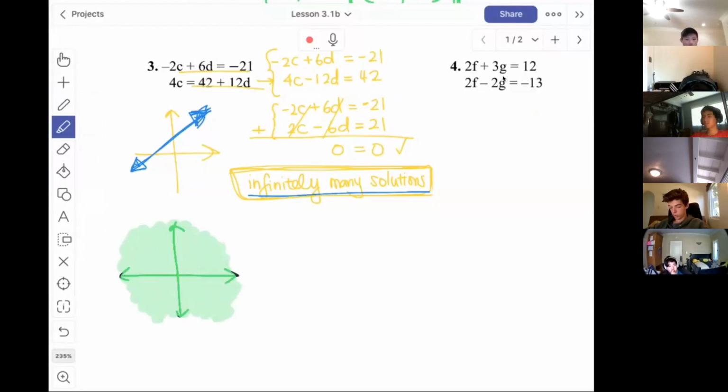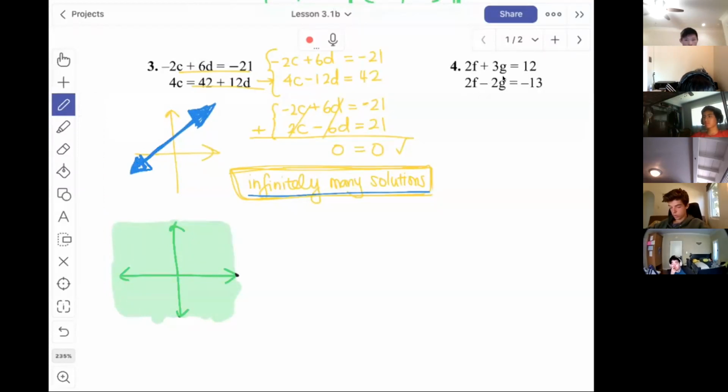X can be anything, Y can be anything. So that entire coordinate plane would have all the answers. But that is not the situation. The situation is that all the points on this blue line, those are all the solutions to the system.